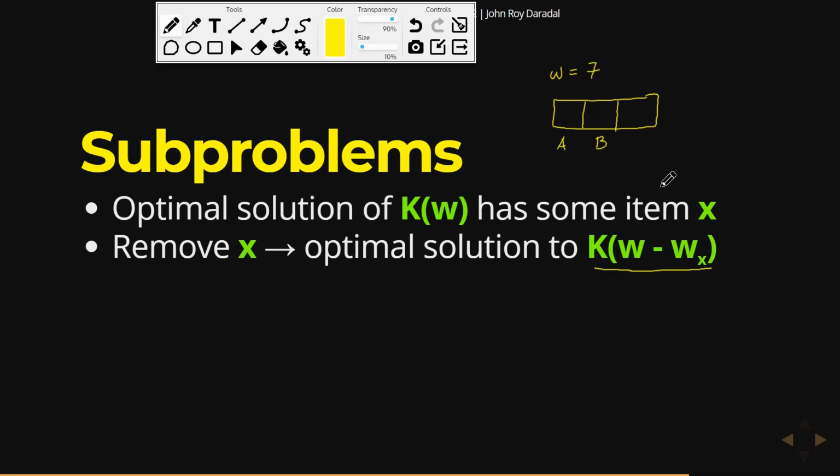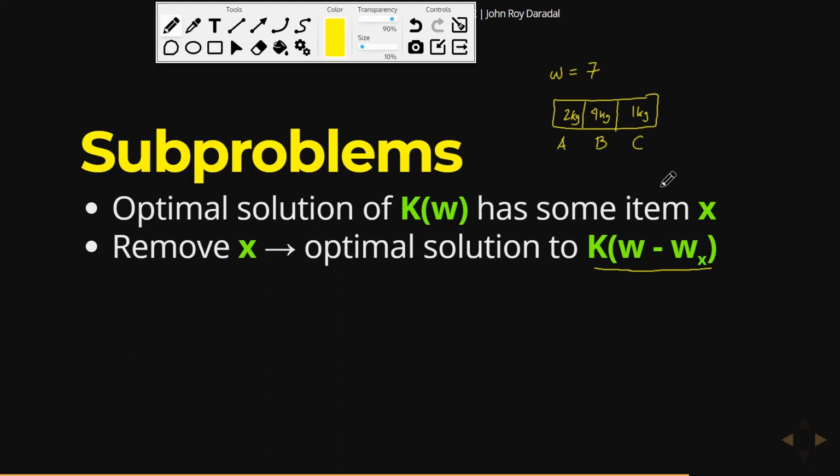Let's say that so far the optimal solution is taking item A, item B, and item C. Maybe this one has weight 2, weight 4, and weight 1.